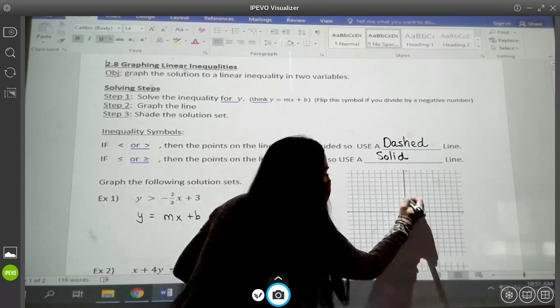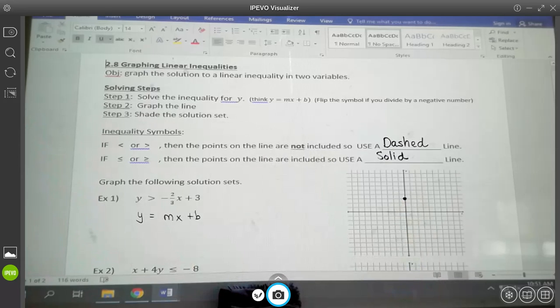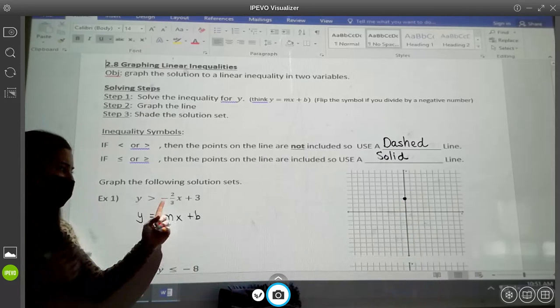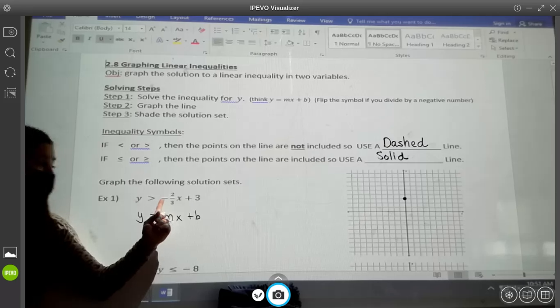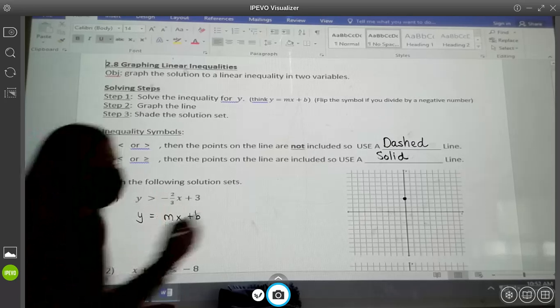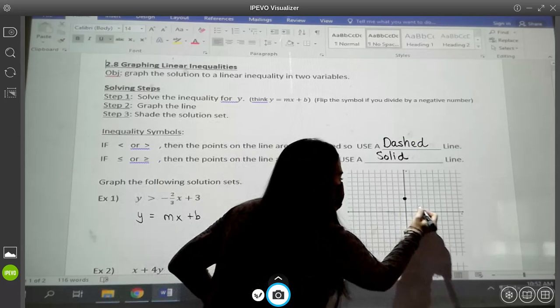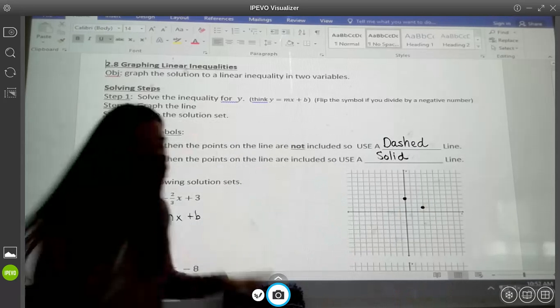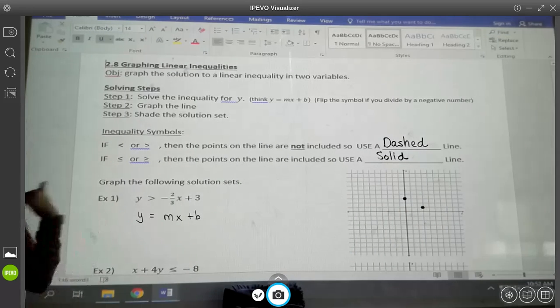And then let's use our slope to move. So I think of this as a negative 2 over a positive 3. So rise over run is down 2 and right 3. Now you could keep going down 2, right 3, down 2, right 3, or we could do the opposite and go up 2 and left 3.